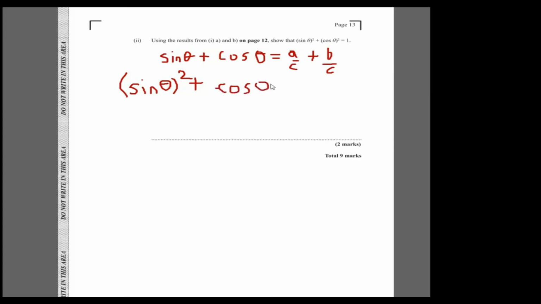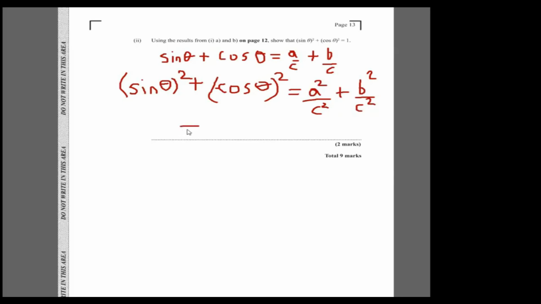That's going to be equal to, now look at this, sine theta squared is A square over C square, plus cos theta squared becomes B square over C square. So that's A square plus B square over C square.